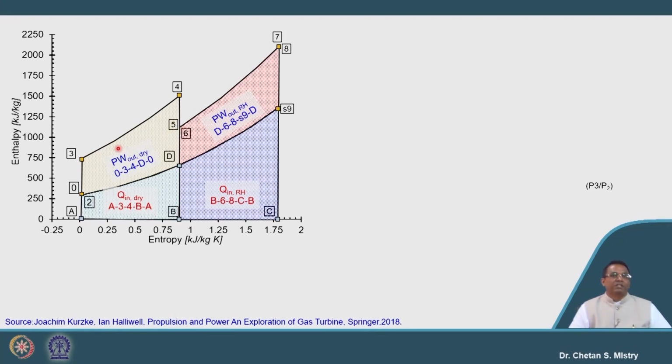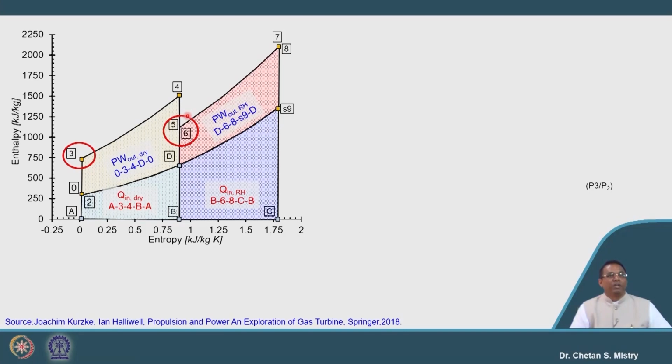Now, in both cases my pressure is different. Here my P3 is higher than my P5, because if I extend these lines, they are diverging lines. So my combustion in the afterburner happens at lower pressure.